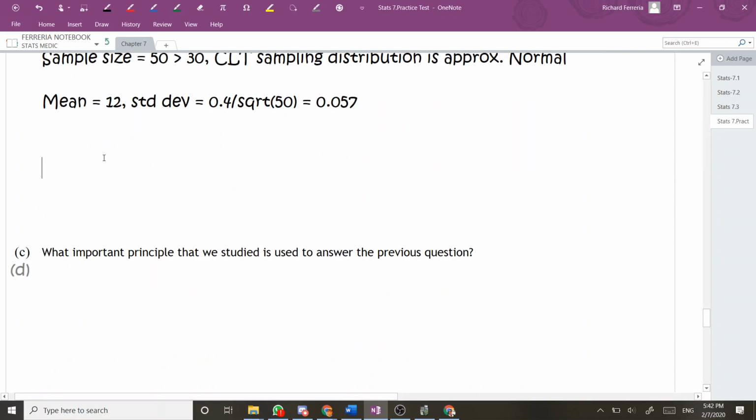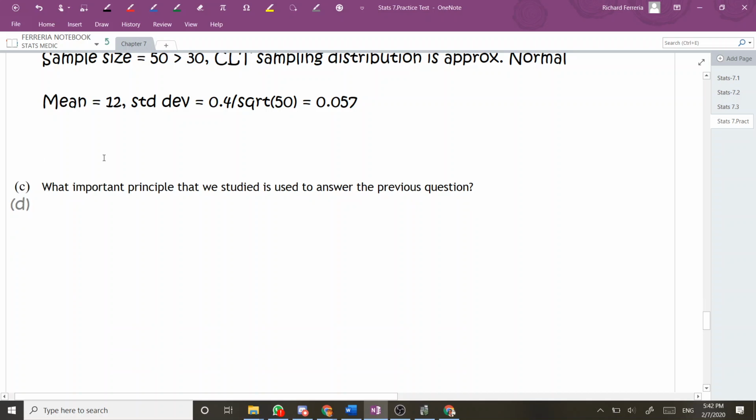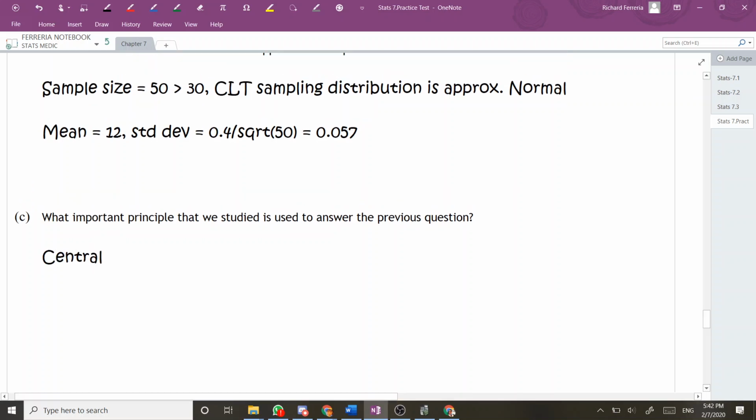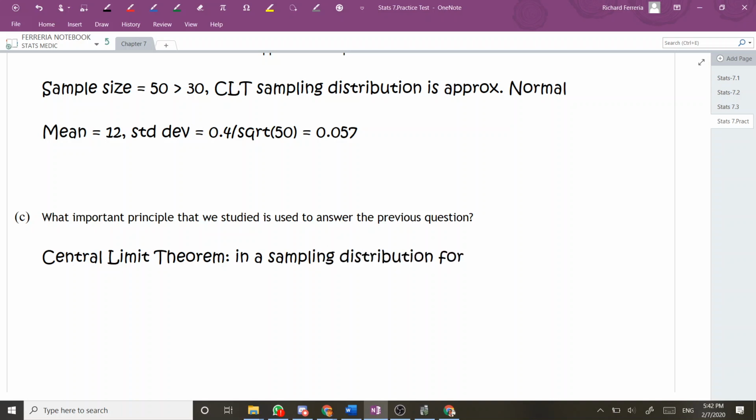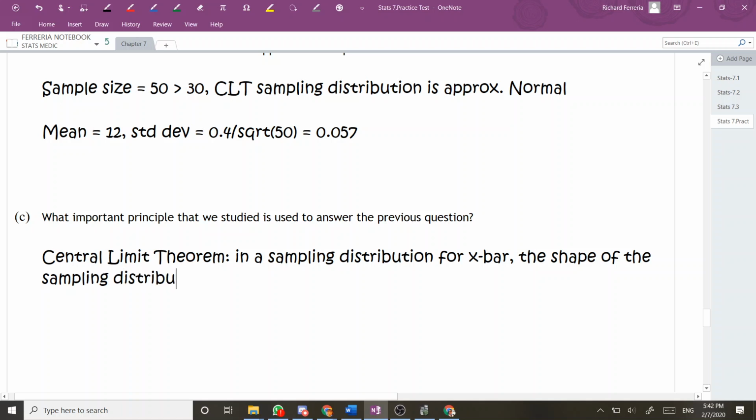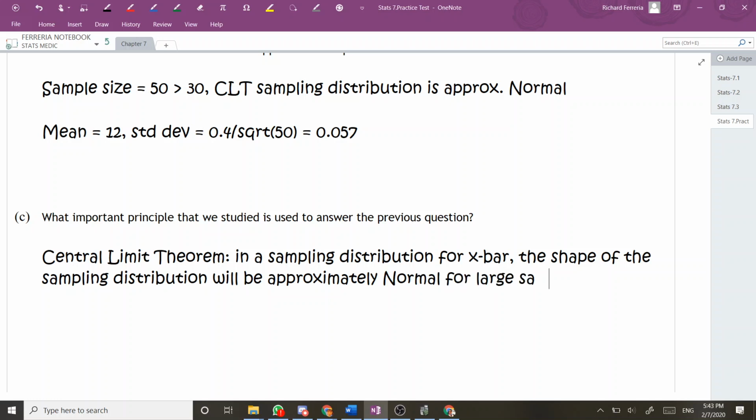Let's take a look at letter C. What important principle do we need to use here? Well, that important principle is going to be the central limit theorem. Okay. So in a sampling distribution for x bar, the shape of the sampling distribution will be approximately normal for large sample sizes.